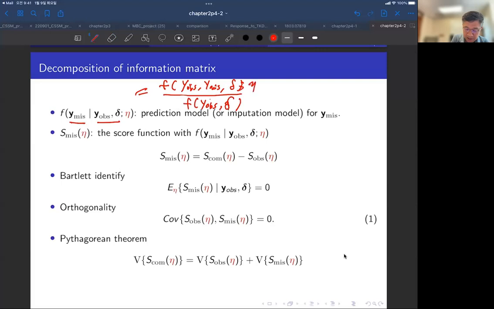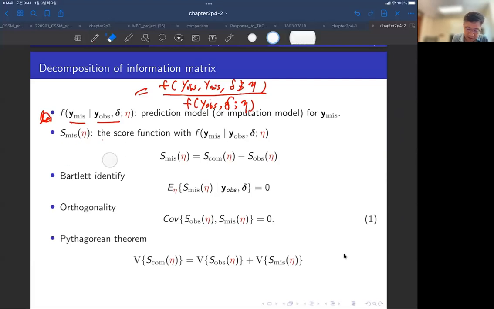So we have eta here, if you want. Conditional equals joint divided by marginal. And then let's take the log.